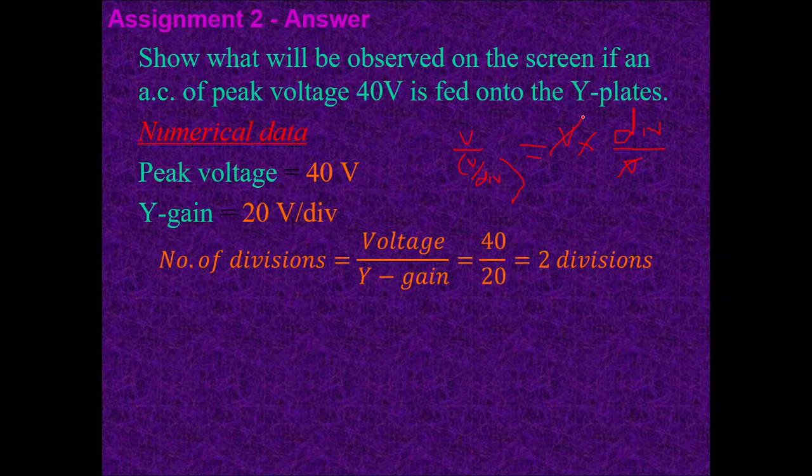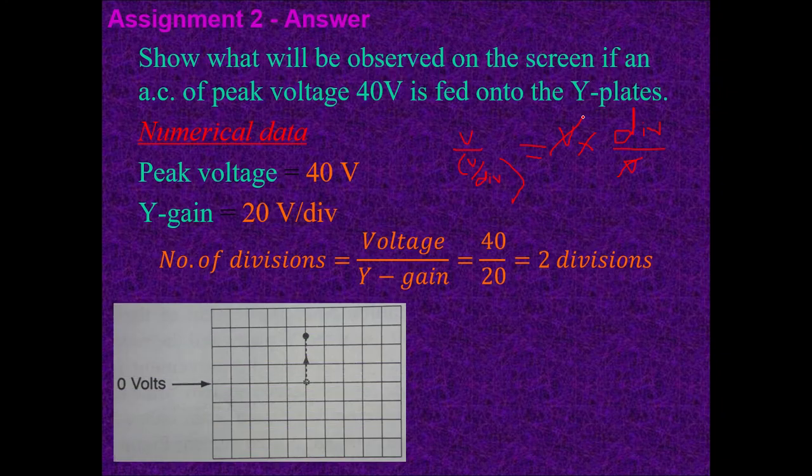Now this will enable us to plot on the graph. What shall we be able to observe? This shall start here and it shall move 2 divisions up. After moving 2 divisions, notice that the voltage is AC, hence we shall have plus or minus 2 divisions from the 0 level.